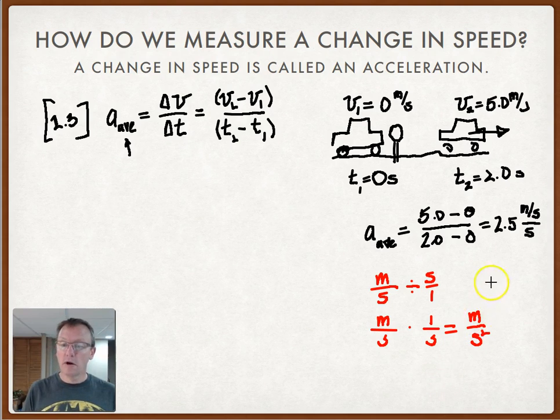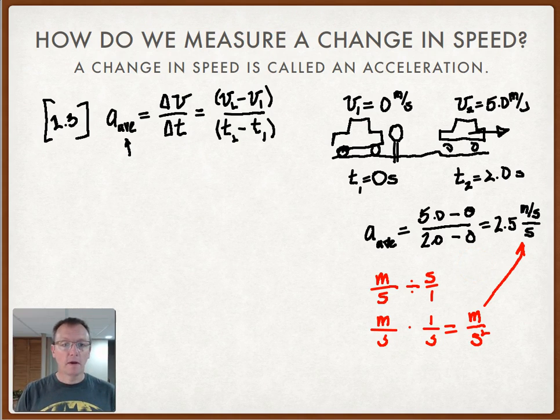So our actual units, if we're trying to be lazy, which I usually am, is meters per second squared. So acceleration always has this unit, meters per second squared. If you write it as meters per second, that's totally okay. I will do that too sometimes, so that's fine.